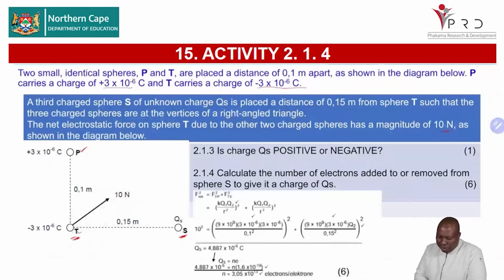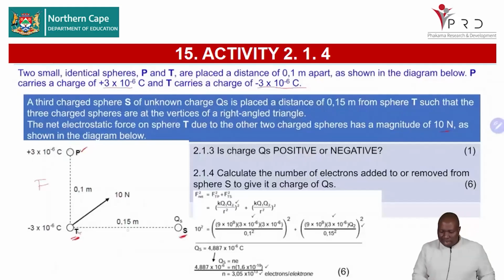Because we are dealing with that, we can deal with the issue of F net. And for F net for a right angle triangle, we use the theorem of Pythagoras. So F net squared equals FTP squared plus FTS squared. It's the force between P and T, and the force between T and S as well, here and there.